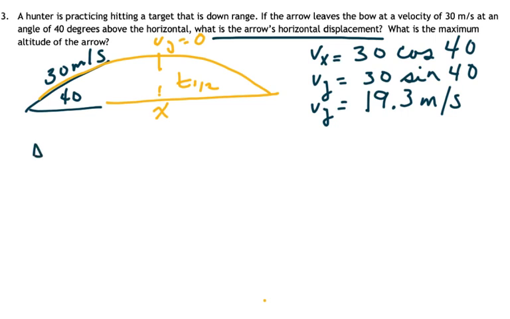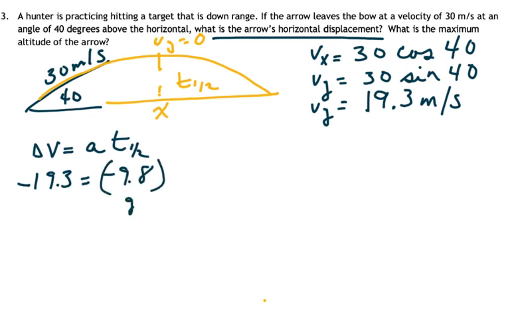So our change of velocity is equal to acceleration times time at the halfway point, because that's the way we've been doing it. So since final velocity is 0 at the halfway point, our change in velocity is negative 19.3, equal to negative 9.8 for acceleration due to gravity times time at the halfway point.